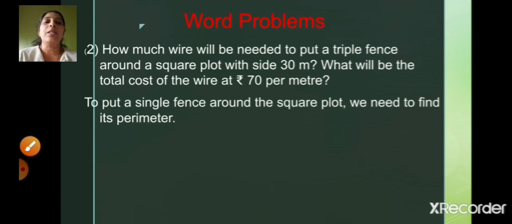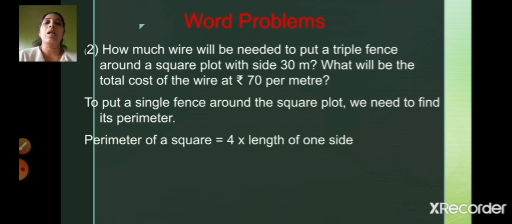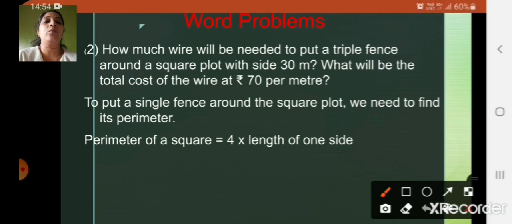Now, to put a single fence around the square plot, we need to find its perimeter, right? First we will put a single fence, right? For that we have to calculate the perimeter, right? So perimeter of a square is equal to 4 into length of one side, right?